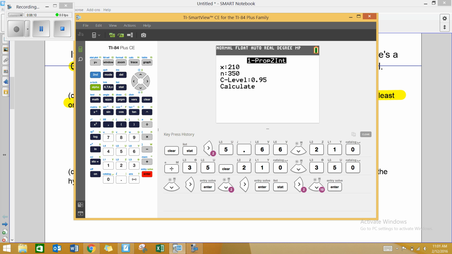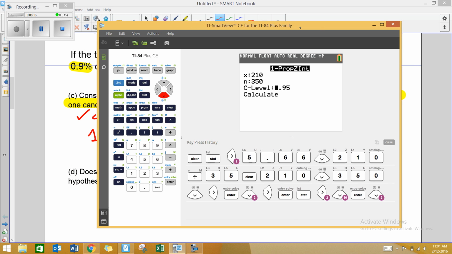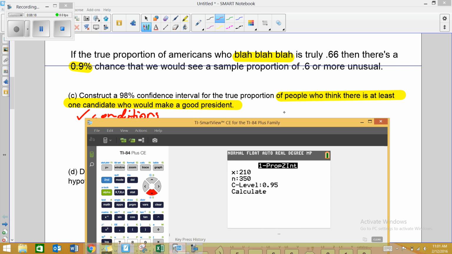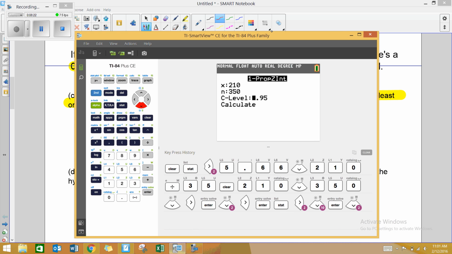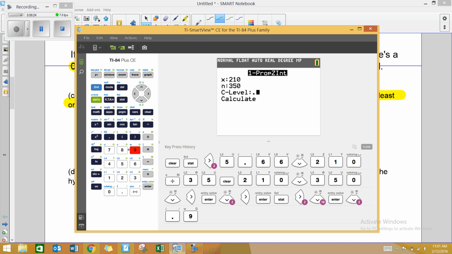Okay, so I want to know 210 out of 350, what is that true proportion using this sample proportion? So I want a 98% confidence level. So we calculate and we get, so between 53.9 and 66.1.